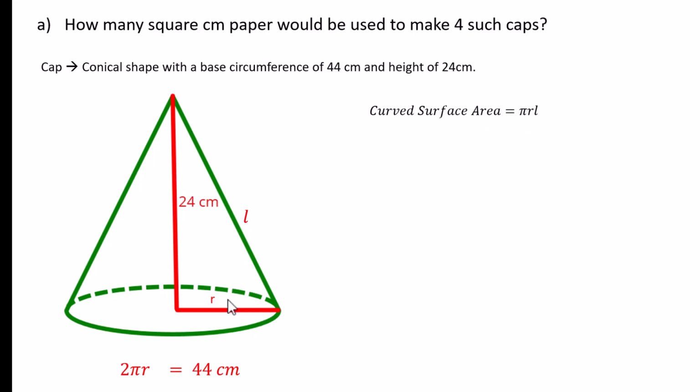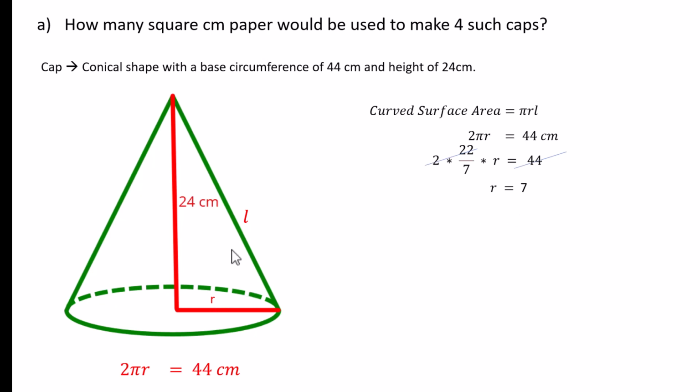For now, we do not have these values, but of course, we do have 2 pi r equal to 44 centimeters. So from this, we substitute pi with 22 by 7, and then we get the value of r as 7.